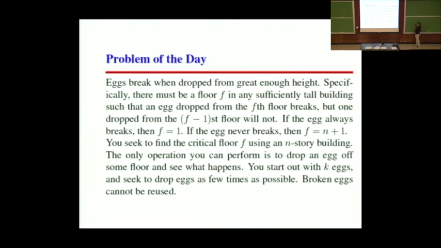If we drop an egg out of this part, the egg bounces. And if we drop it out of here, the egg goes splat. Okay? Does everybody kind of get that idea? And we would like to use the fewest tosses to try to determine that, given that we've got k eggs.